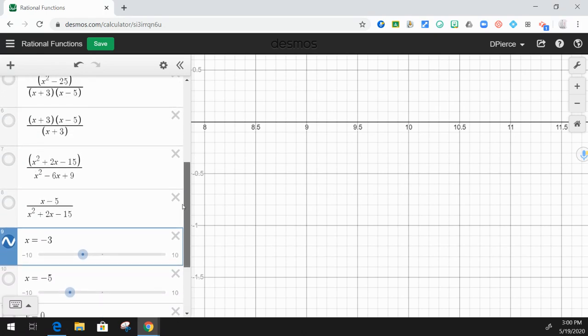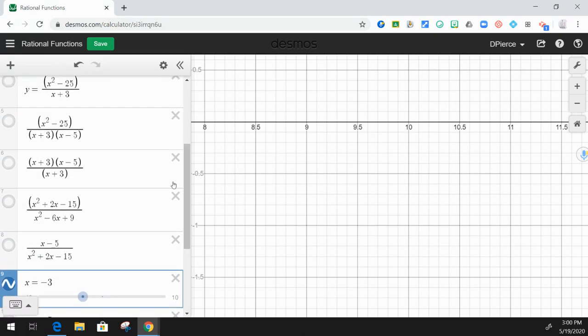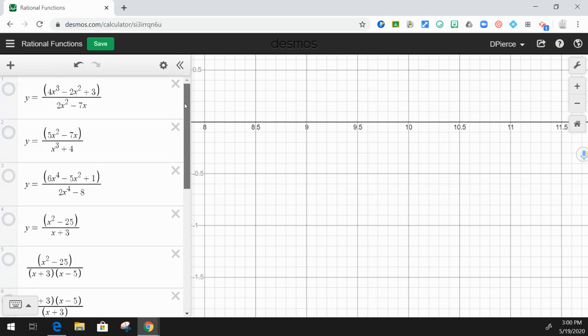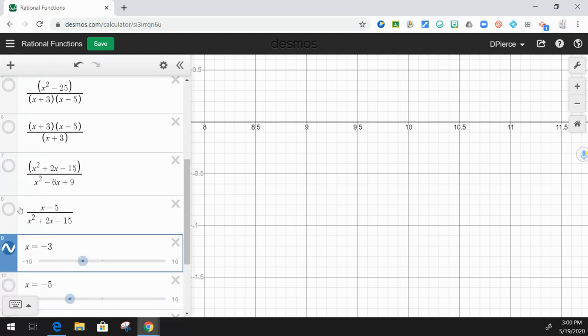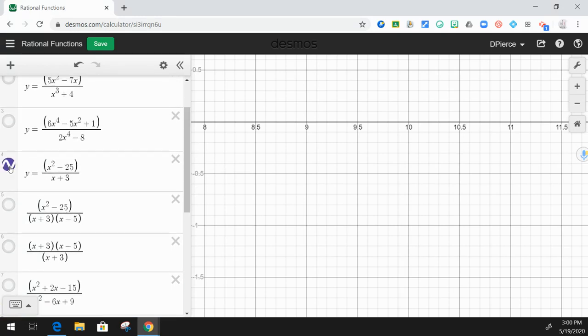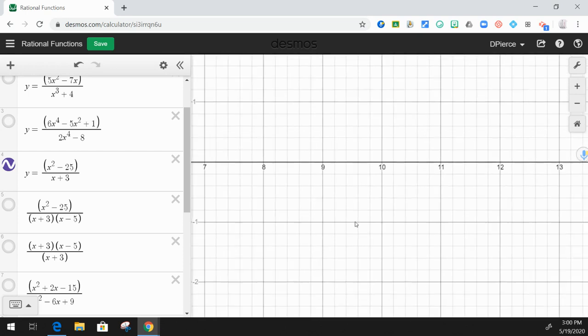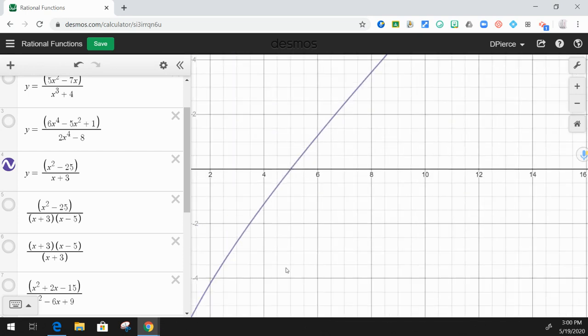I'm looking for the x squared minus 25 over x plus 3. There we are.